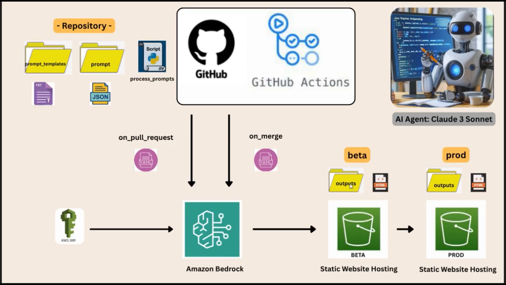This is going to be used to contain HTML files. For the prod environment, I'm going to create a prod folder and an outputs subfolder. Once again, it's going to contain HTML files. I will also be creating a default index.html file for both buckets, which will be contained in the root.